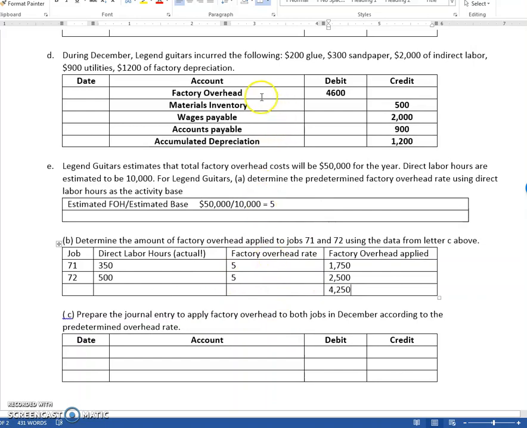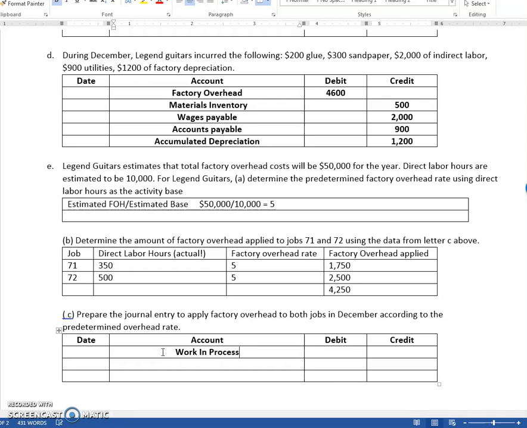Okay, let's see what we do with this. We want to allocate. Well, right now we had debited $4,600 to factory overhead, right? We want to allocate some of that out, and according to our rate, we're going to allocate out $4,250. All right, if it has a debit balance, in order to take it out of factory overhead, we'll be crediting factory overhead. And where are we going to put it? Well, whenever we put anything to a job, it's work in process.